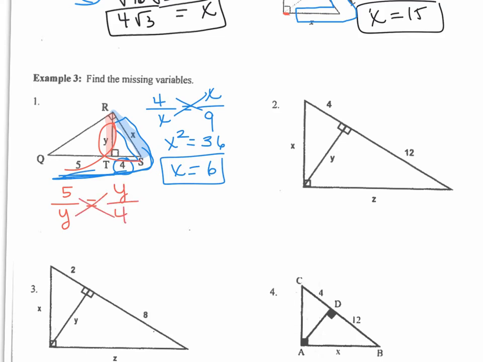Now I'm going to cross multiply and solve. Y times y is y squared. 5 times 4 is 20. Square root. Is 20 a perfect square? No. So I have to find the biggest perfect square that goes into it. 4 and 5, square root. So y equals 2 rad 5.